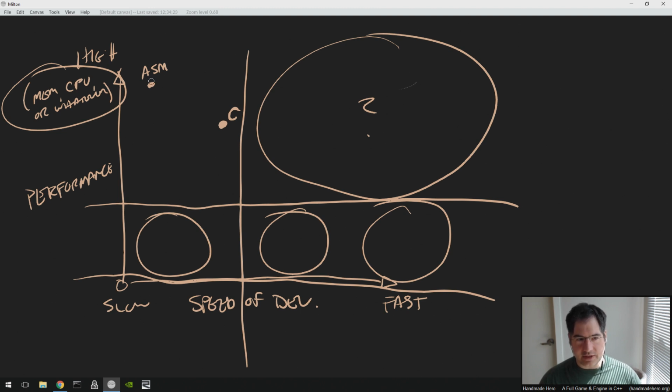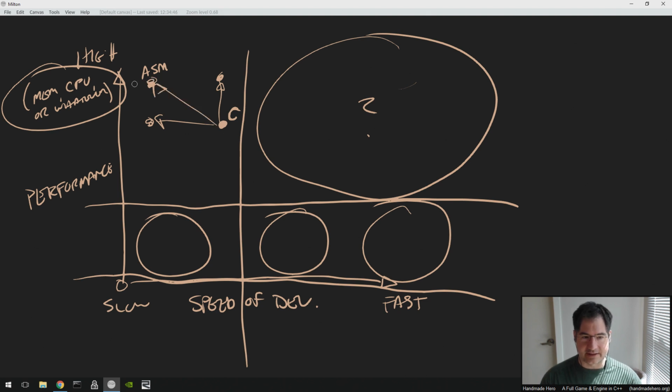Now, it's worth noting that what I'm talking about here is for the same program. So it doesn't count to say you can write inline assembler in your C program. That doesn't put it up here, right? Because as soon as I have to write inline assembler, I'm back to this slow end. I've moved backwards.